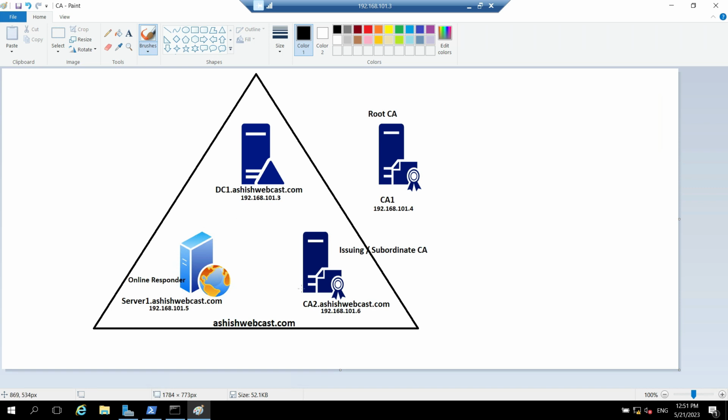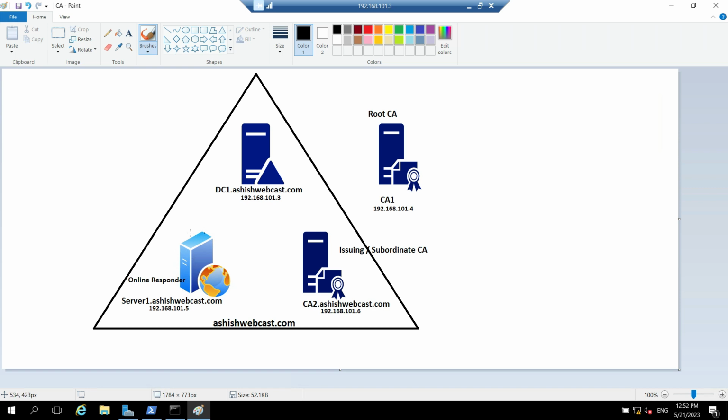And apart from that, we have the offline root CA. You can see it is outside of my domain. It will be in a workgroup, and it will be our offline root CA. We have one server that is inside our domain, which is the enterprise issuing CA.